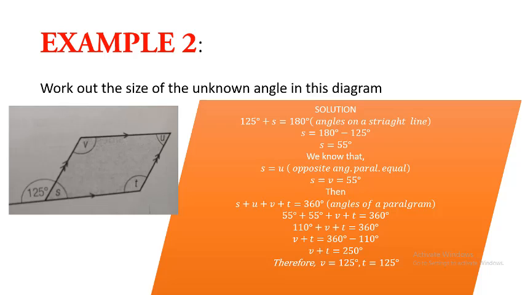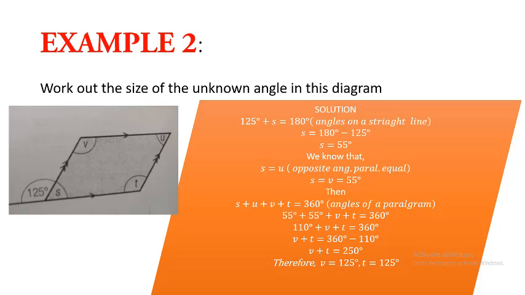Now, remember, in our previous lesson, we learned that angles on a straight line add up to 180 degrees. It means that to find the size of angle S, we are going to subtract 125 degrees from 180 degrees.